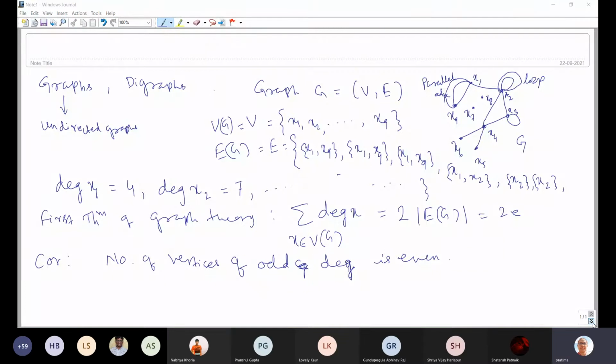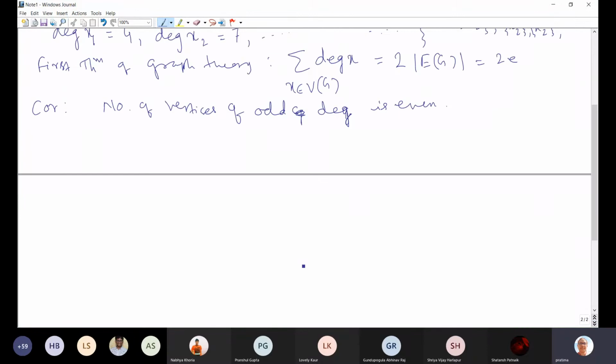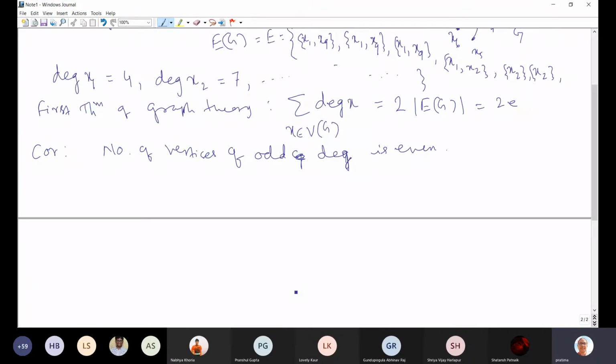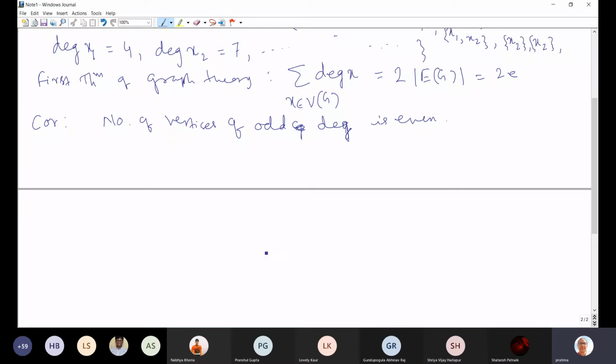And quickly, I'll tell you about the history of this subject, graph theory, and how it originated. There is an interesting history behind the origin of this subject. So quickly, we'll have a look into that.